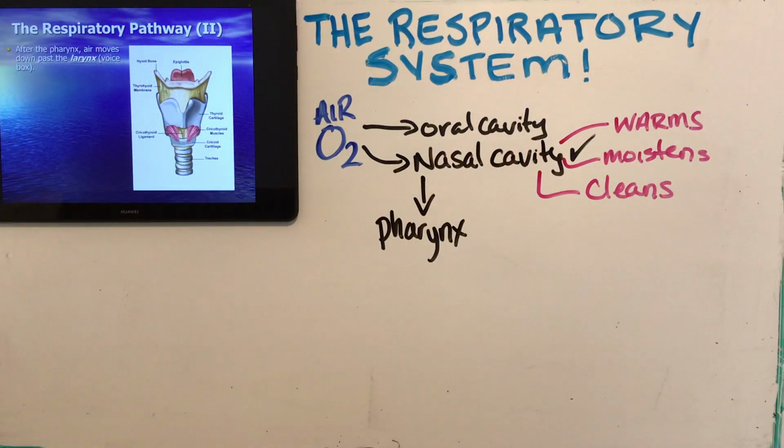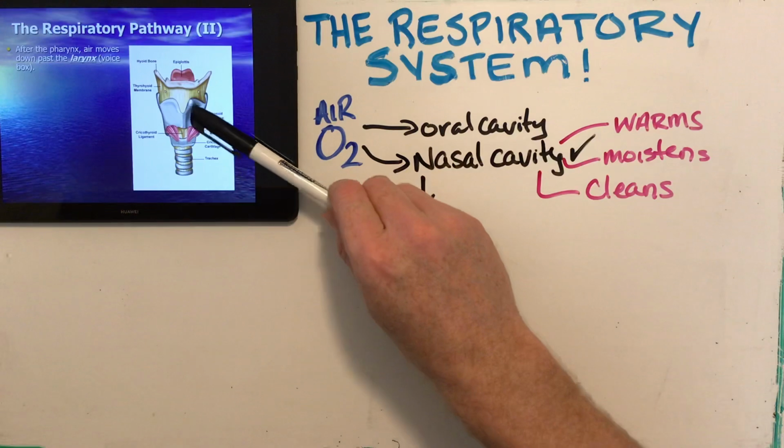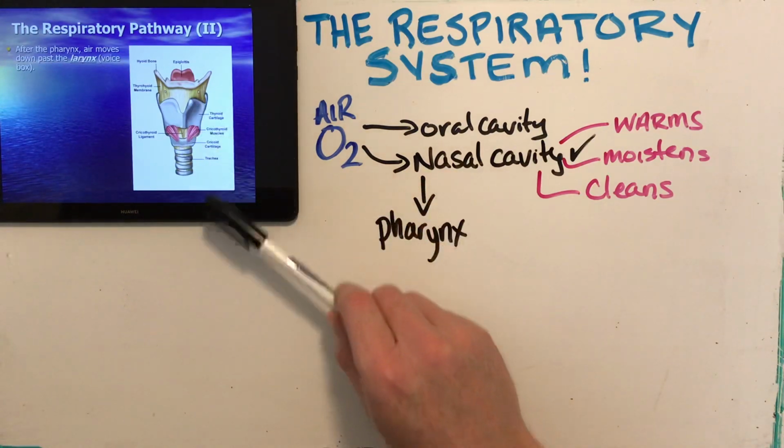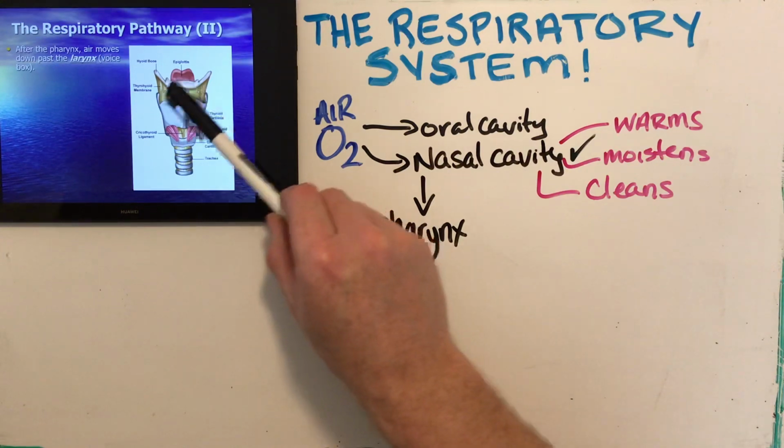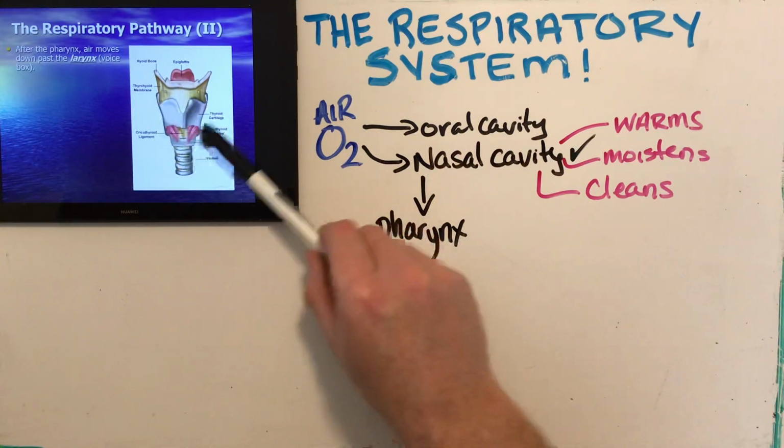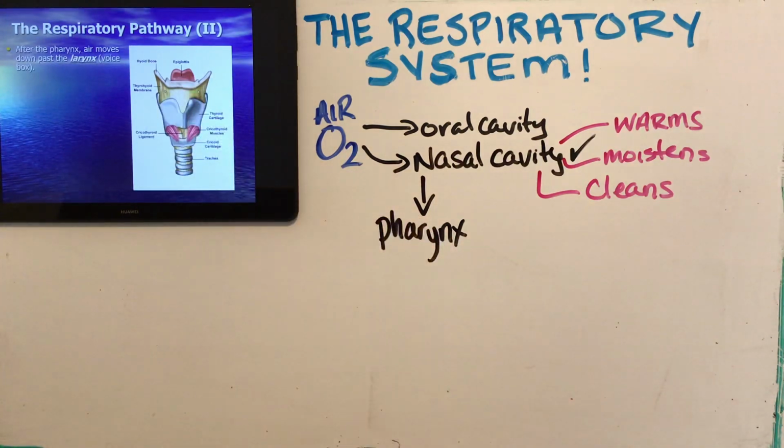So if we look here, if you go like this, and you feel in your throat where the vibration is the strongest, you're looking at this area right here. This is the very top of the trachea, your air tube. And what's there is basically your voice box.